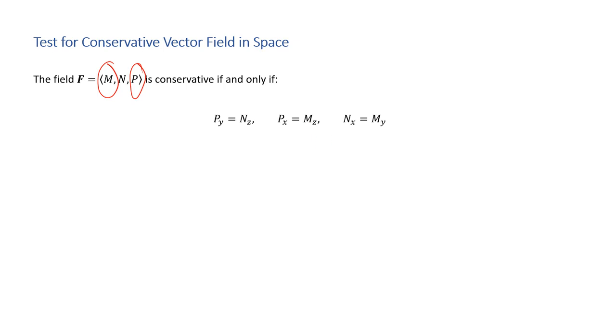There's a little bit of a pattern here. And this one is the same expression, same test we had for our two-dimensional vectors. Derivative of your y component with respect to x equals derivative of your x component with respect to y. So this is how we can test if a three-dimensional vector field is conservative.